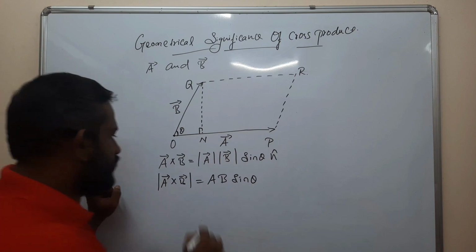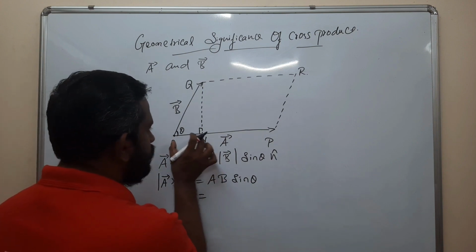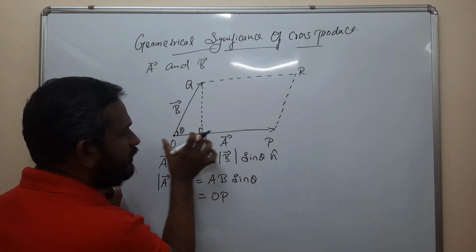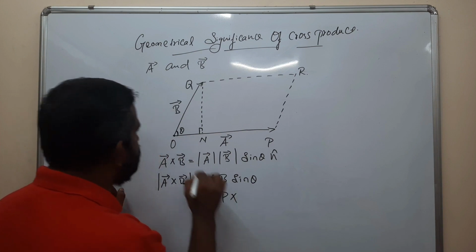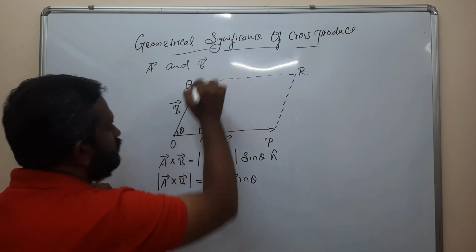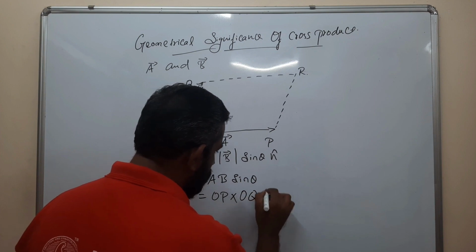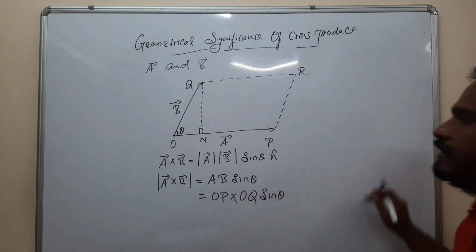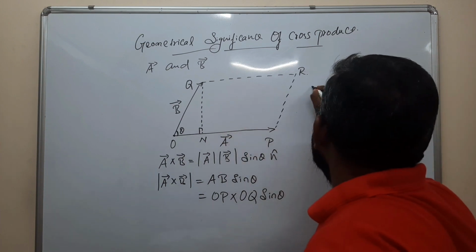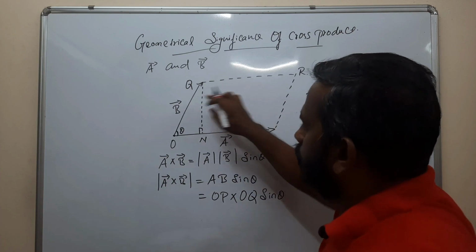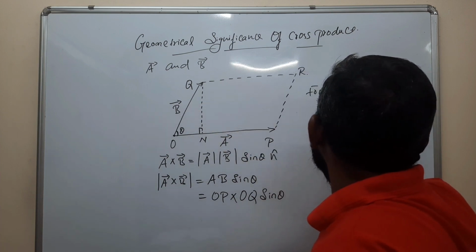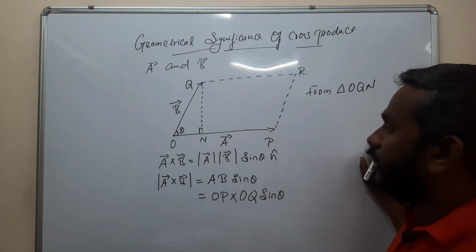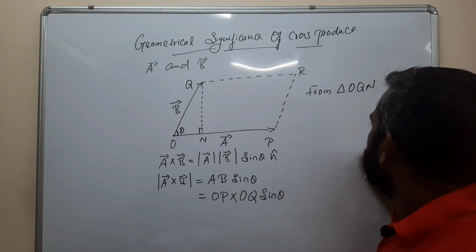So what is A? That is the magnitude, that is OP from the parallelogram. And B is OQ. So it is OP into OQ sin theta. From this parallelogram, consider the right angle triangle OQN.